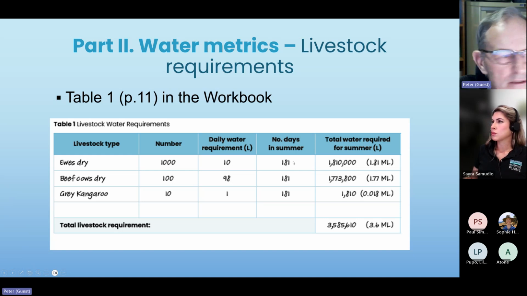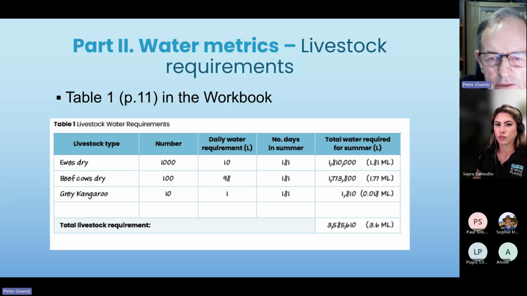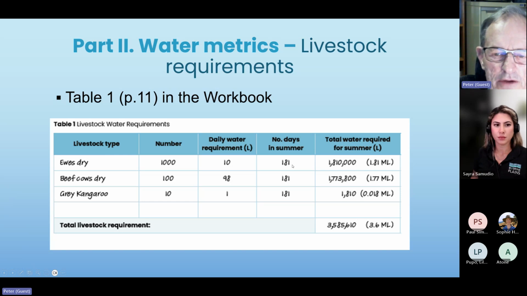Now, we know that the summer period isn't as intense all the way through, but in drought, it can be intense a lot of the time, more so than usual. And by slightly overestimating this, we're allowing a little bit extra for what might be the winter period. If you wanted to allow directly for the winter period, then of course you can do that. If you wanted to finesse the number of days, of course you can do that in your own plan.